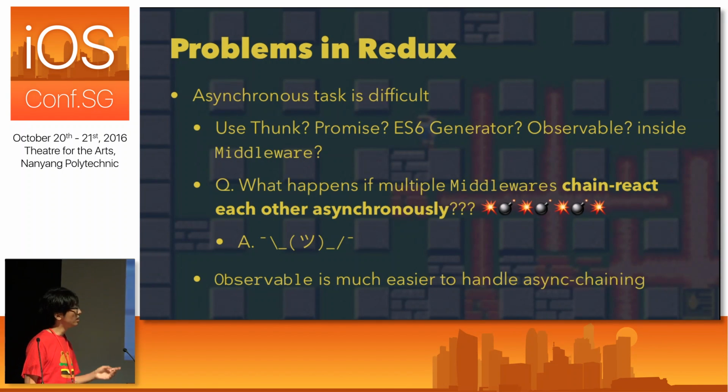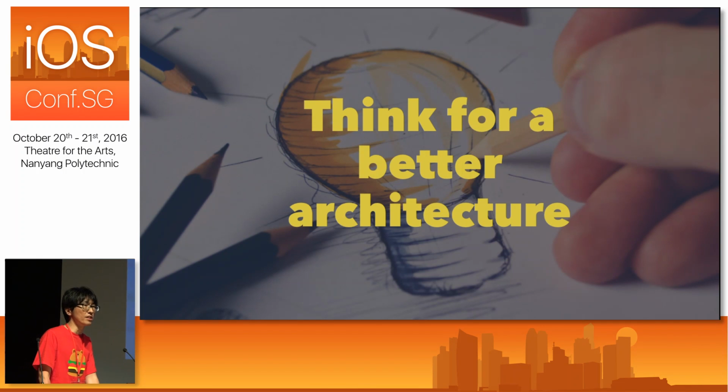We can't predict the data flow if multiple middlewares start to work asynchronously and start a chain reaction. In my personal opinion, FRP is a much simpler and more composable way of handling asynchronous tasks than middleware. So I think it's time to think about a better architecture.